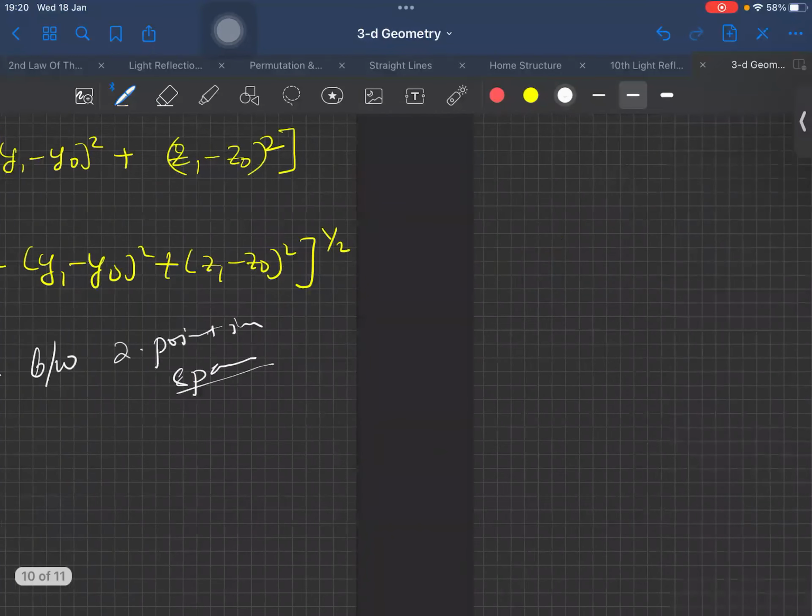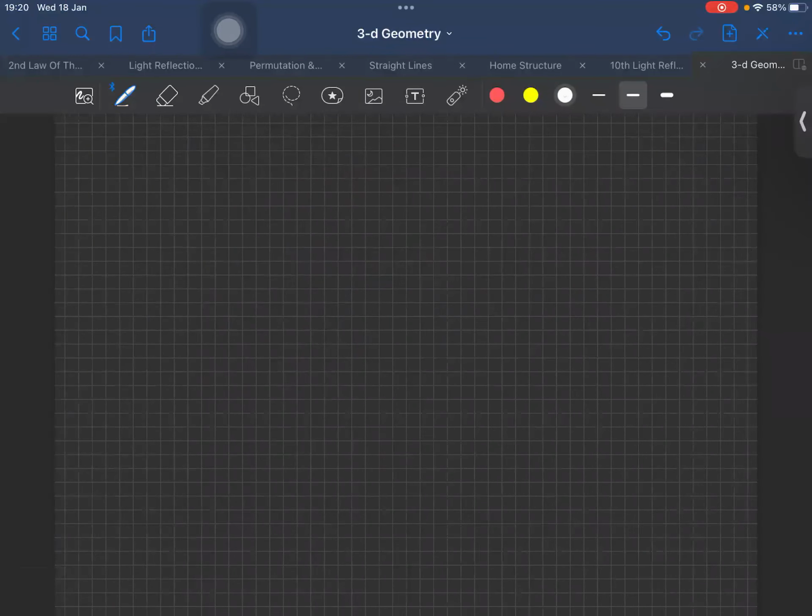Okay, so let's go to the exercise. Write down the problem. You have to find, see, it's given PA square plus PB square is equal to 2K square.